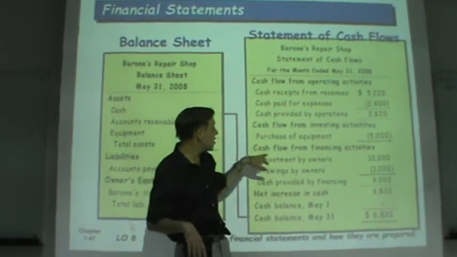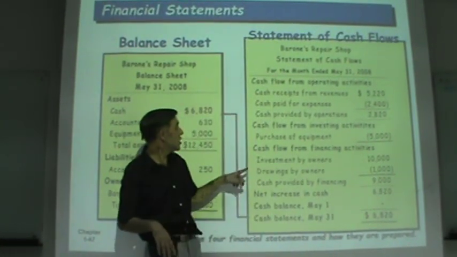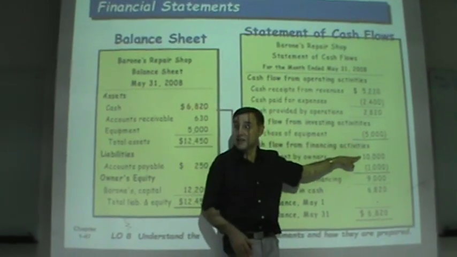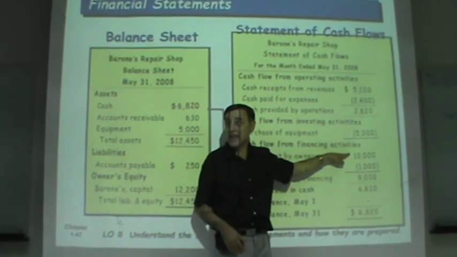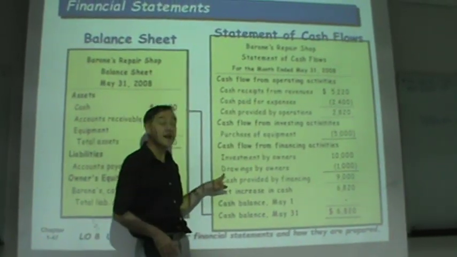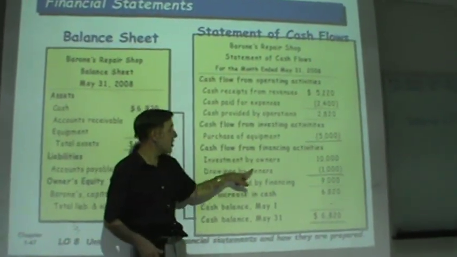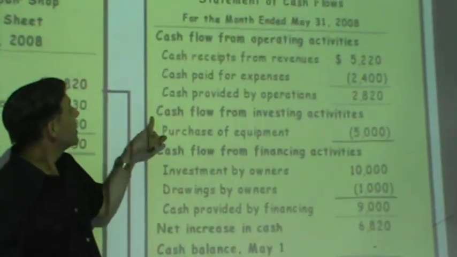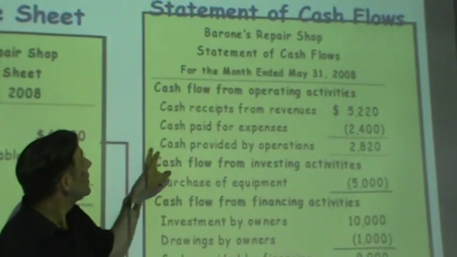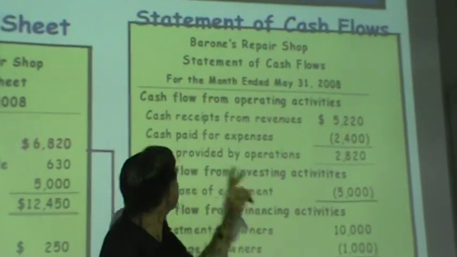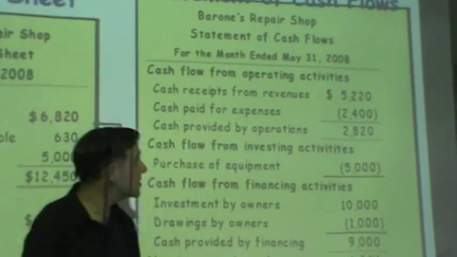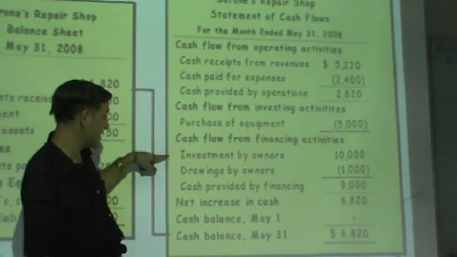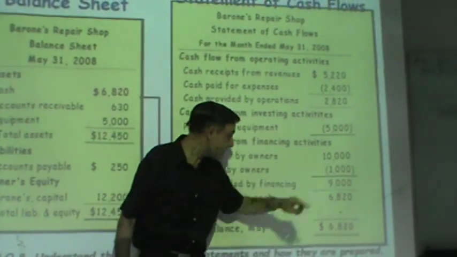And then you have cash flow from financing. You have investment of 10,000. This is money coming in. We say cash inflow. You have dividend or drawing by owner coming out. And then you have separate cash flow from operating activities, 2,000. Then you have cash flow from financing activities, 9,000.